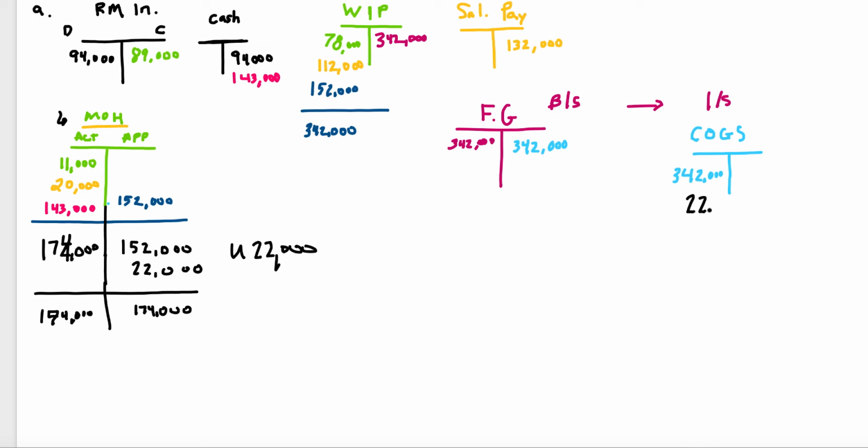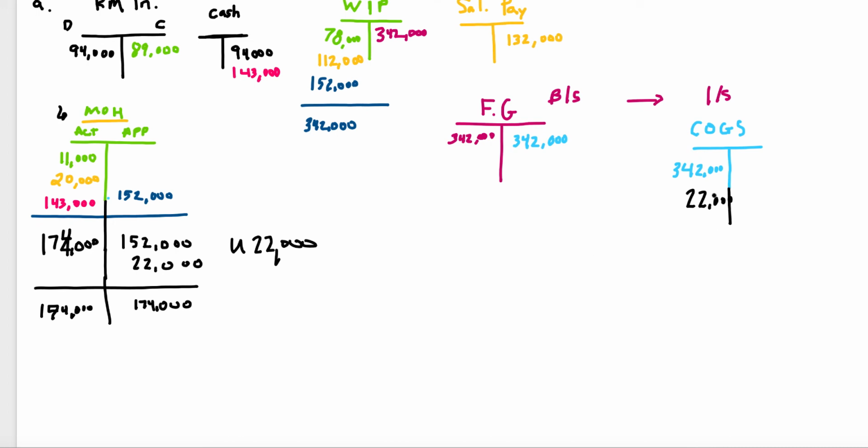Now think about it this way. Okay, here's an easy way to think about this. $22,000. Okay, I didn't apply enough overhead, right? That means that this total WIP account of $342,000 is too low.